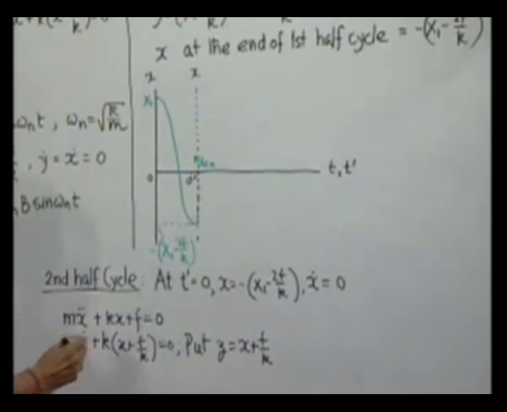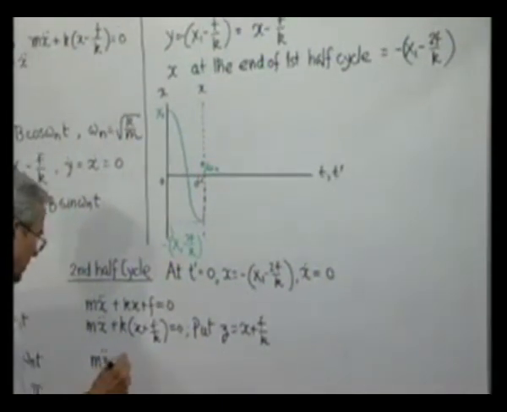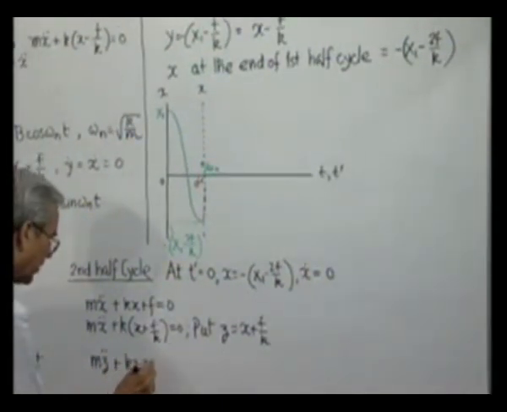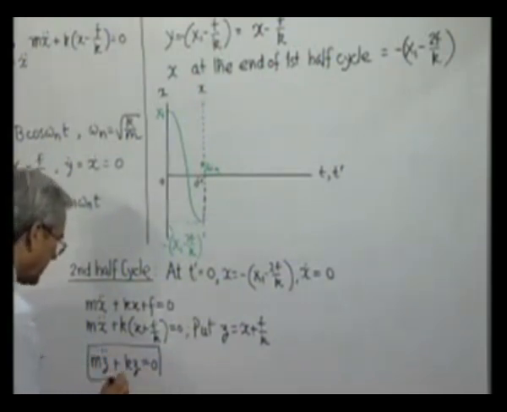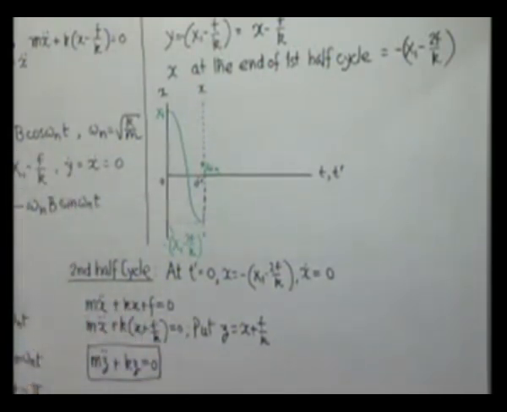So, z2 dot plus k z equal to 0. So, we get again the same equation with a different variable z now.